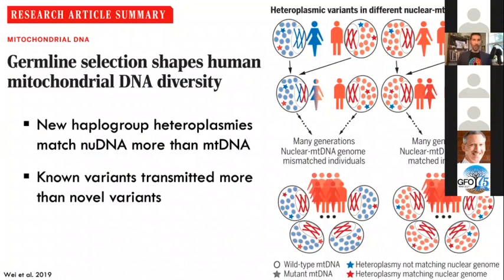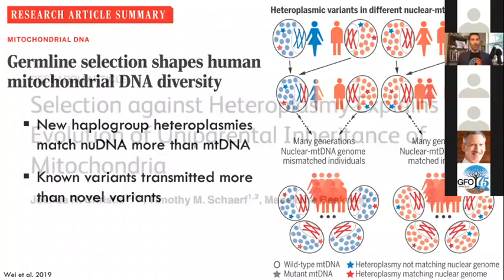If the mitochondrial and nuclear DNA have been matching for a long period of time, the heteroplasmy is likely to resolve in a way that's compatible with the nuclear background. And that's fascinating because that could really have an influence over the branching pattern of the tree over time. And so known variants are basically transmitted more than novel variants. So there's a bias there.